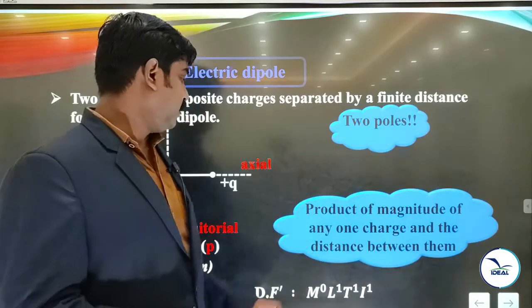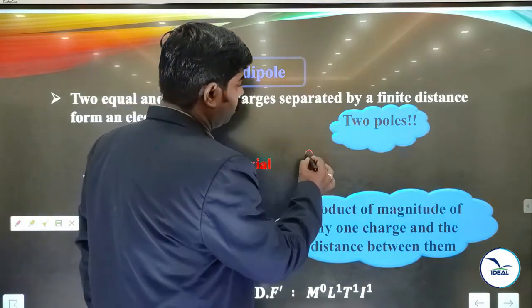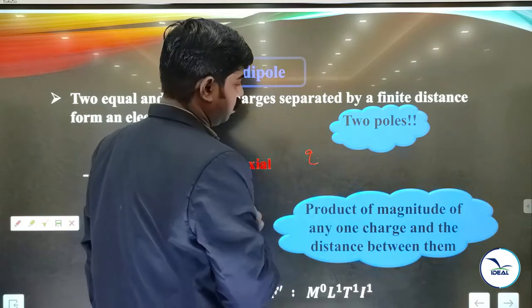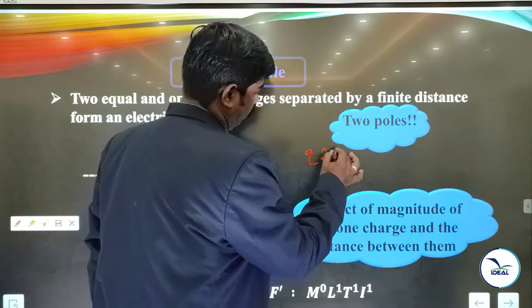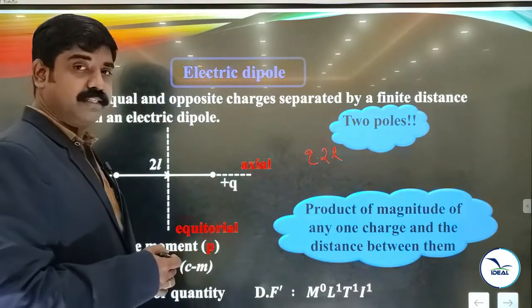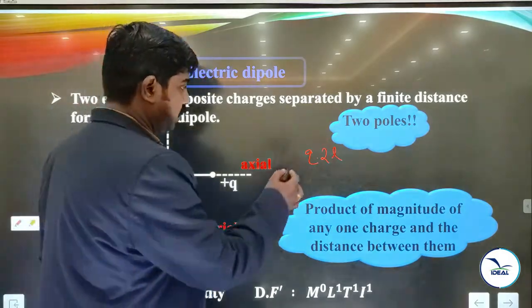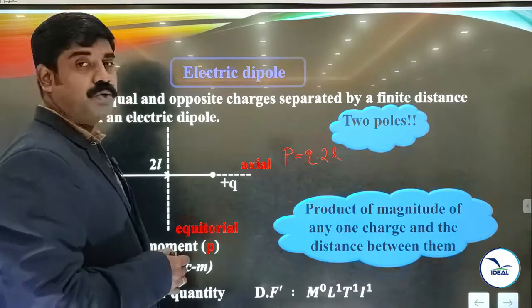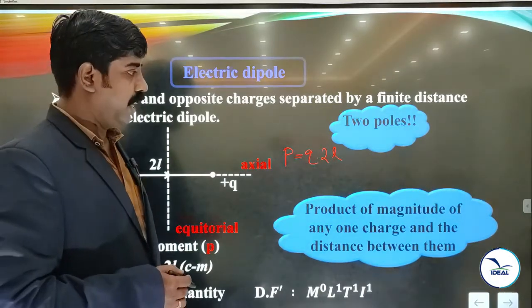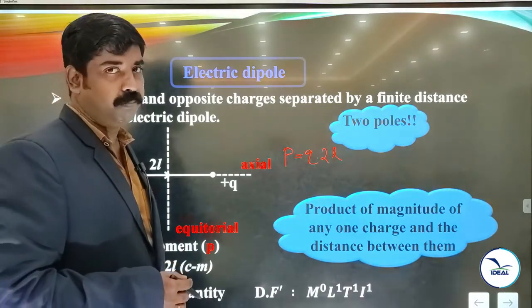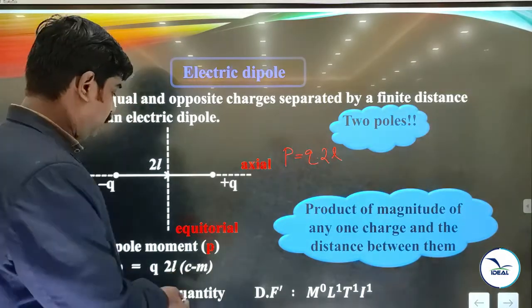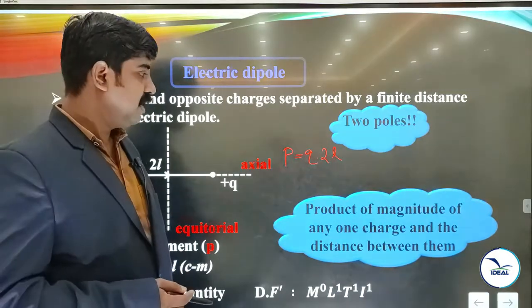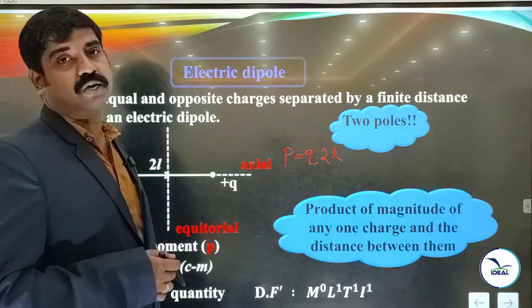That is, it is equal to Q into 2L, because the distance is taken to be 2L. So dipole moment P is equal to Q into 2L. Its unit is coulomb meter, and it is a vector quantity.